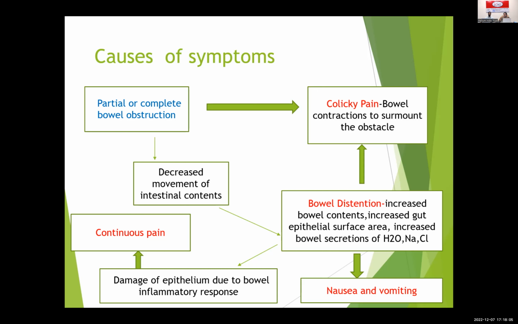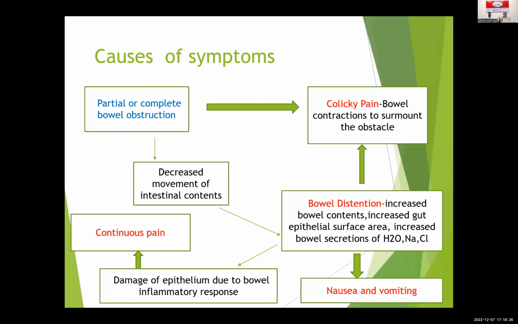If the patient is having severe abdominal distension and there are no bowel sounds that you can hear, what does that indicate? Most probably it can be a large bowel obstruction that is happening there.